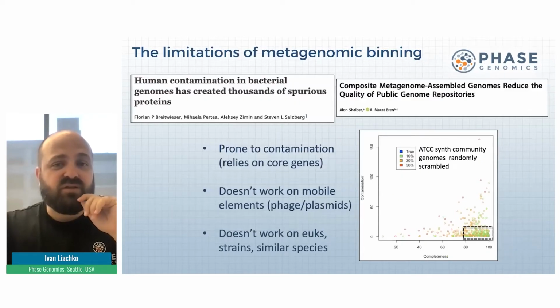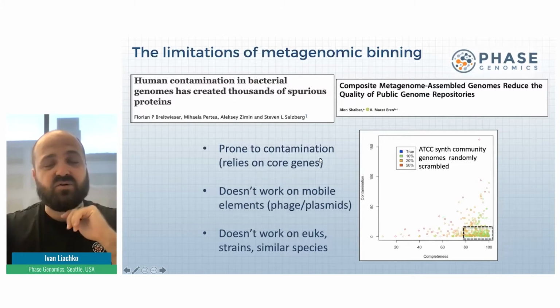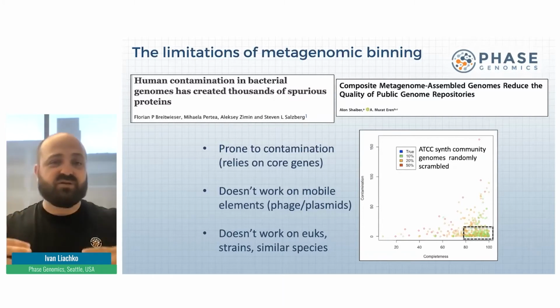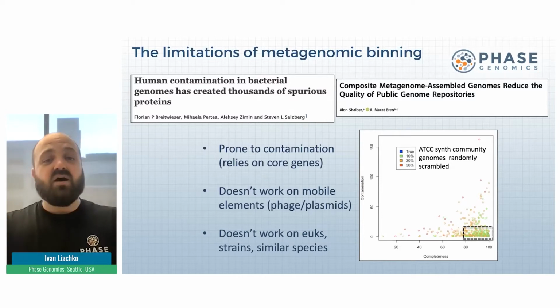These methods are prone to contamination because you're assembling genomes and binning them based on inference, based on coabundance, based on k-mers, but you don't really know whether sequences belong together or not.